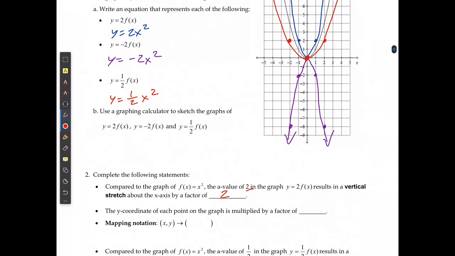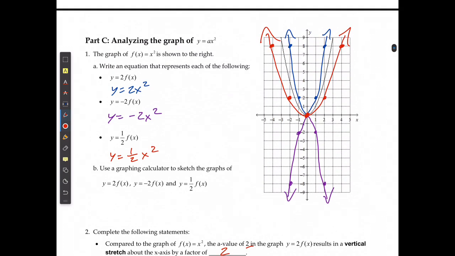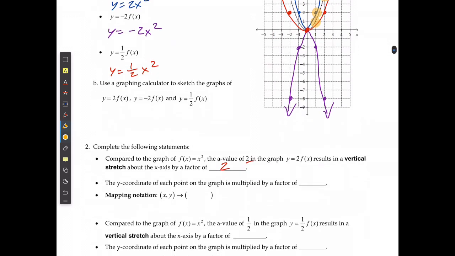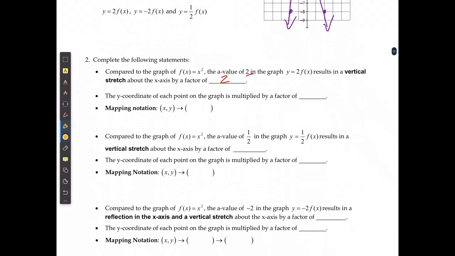If we take a look back at our original graph as compared to the new one, when y was 1, now it's 2. When y was 4, now it's 8. So it's literally doubled the y values.